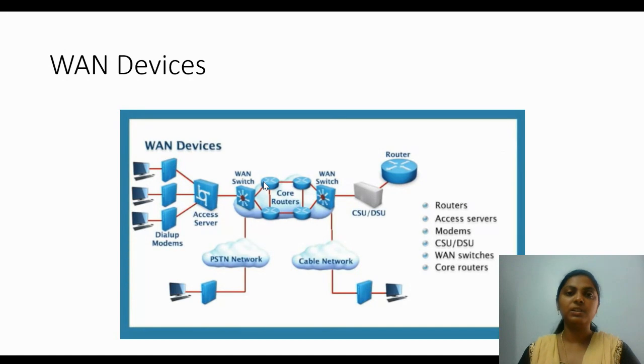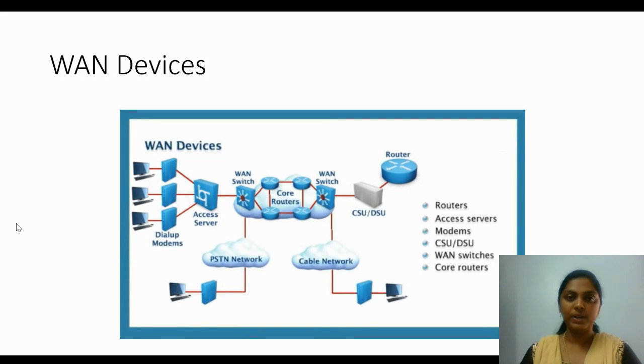Now we'll see about the core router. The core router is a main router which is available within or at the backbone of the WAN space. That's why it is called a core router, and it has three very important capabilities. The first one is it provides multiple telecommunication interfaces which are used for high speed transmission.